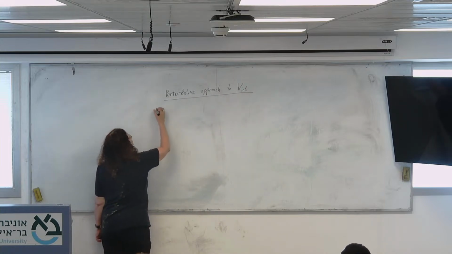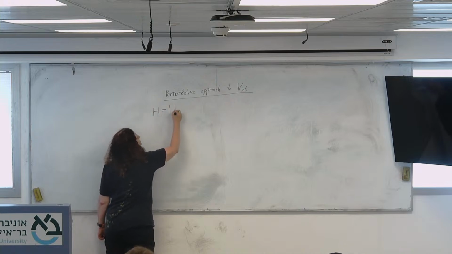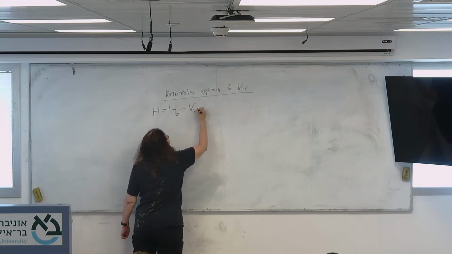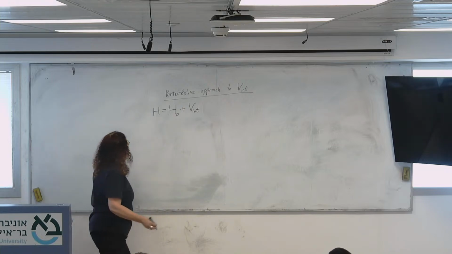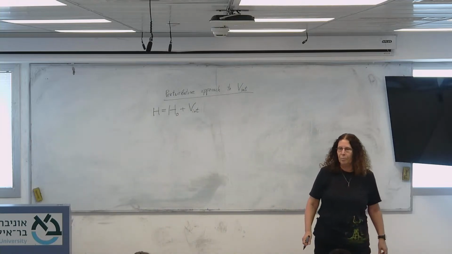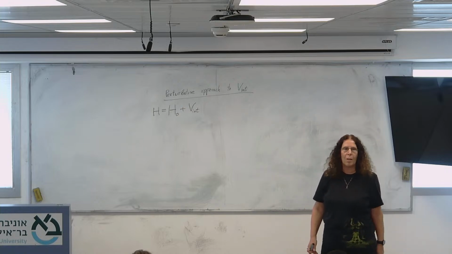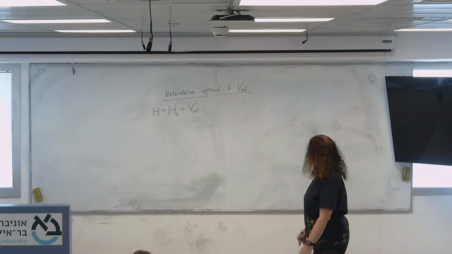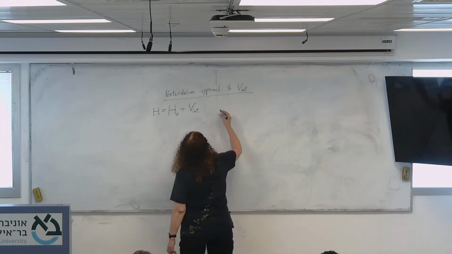Okay, so quite generally, we want to divide the Hamiltonian in two parts, where H naught is a single body Hamiltonian, describes the non-interacting particles, and it's convenient to choose some quantum number lambda that actually diagonalizes the single body Hamiltonian.